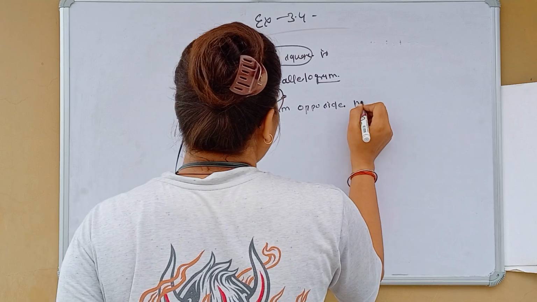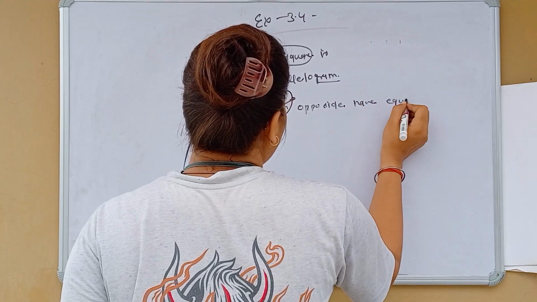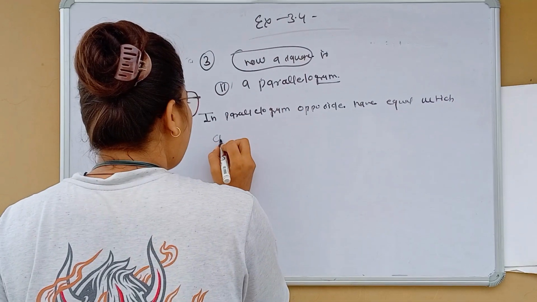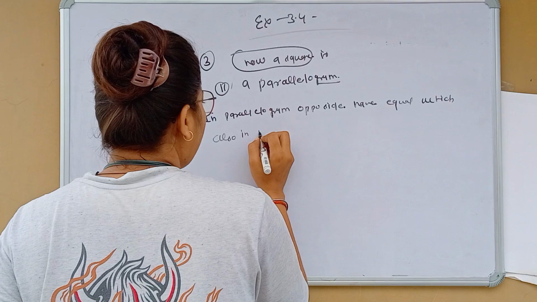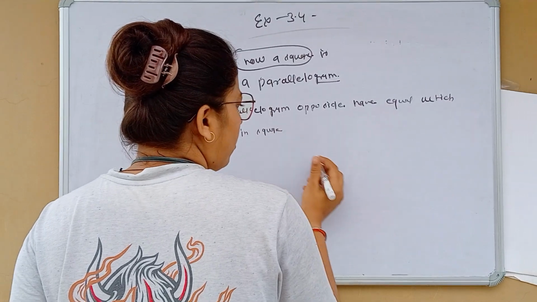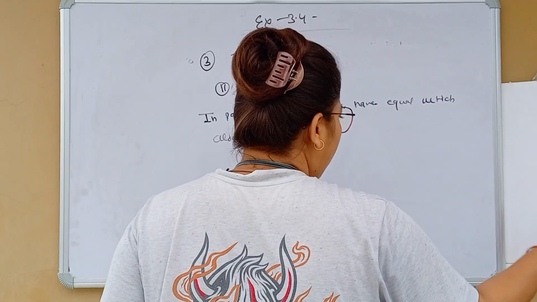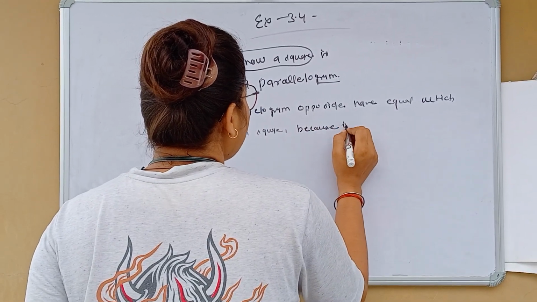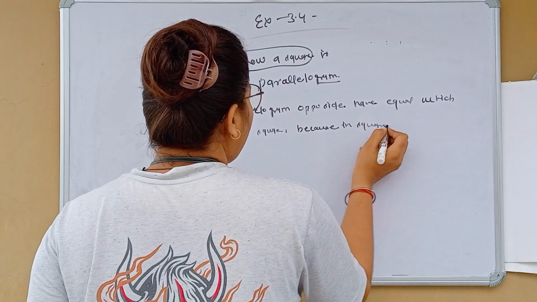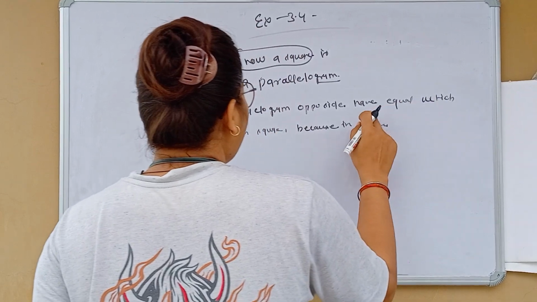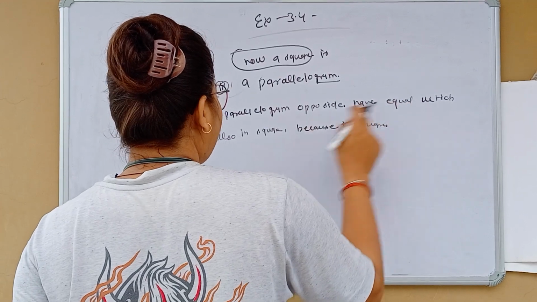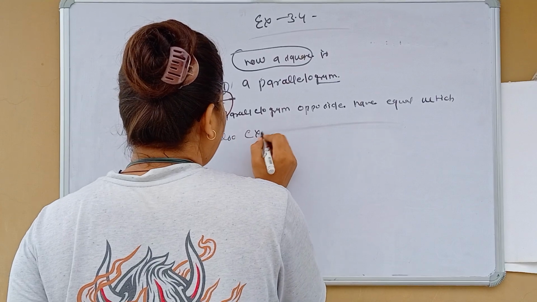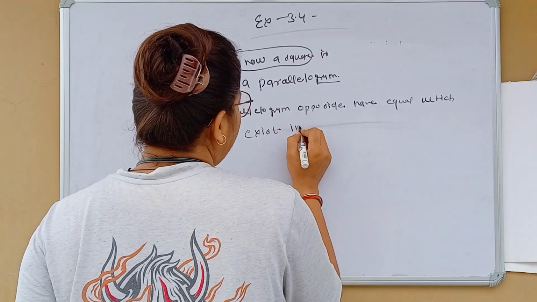Opposite sides are equal, which also exists in a square. You cannot write this, which also exists in a square.